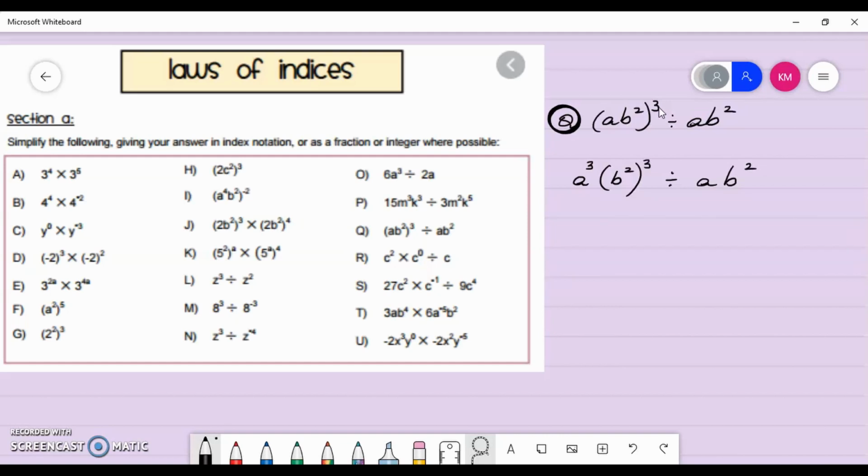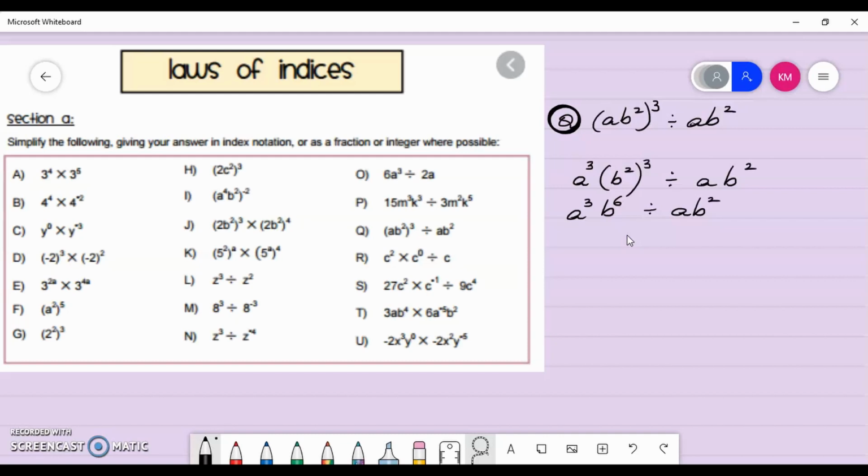So let's simplify this part here first. We are going to get a³b⁶. Remember, that is being multiplied there, right? So 3 by 2 is 6, divided by ab².